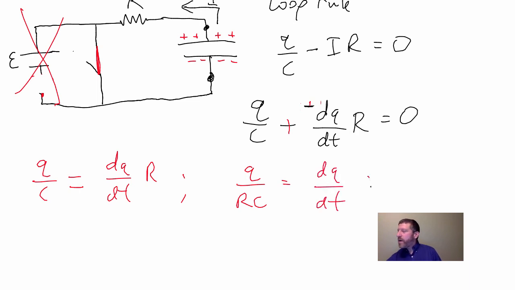Whoops, I dropped the negative sign there. We want to get all the Q's on one side, so dq dt, put the dt on this side, put the RC over there, what I get is negative dt over RC equals dq over q.